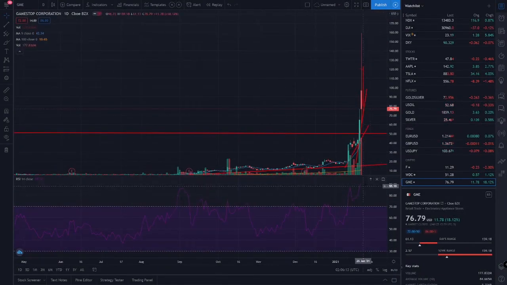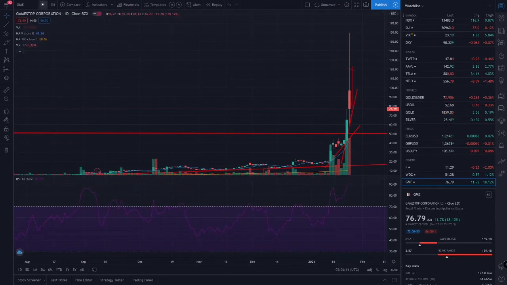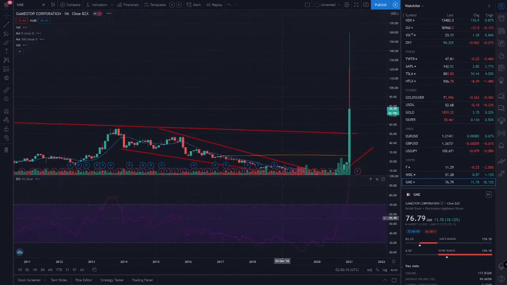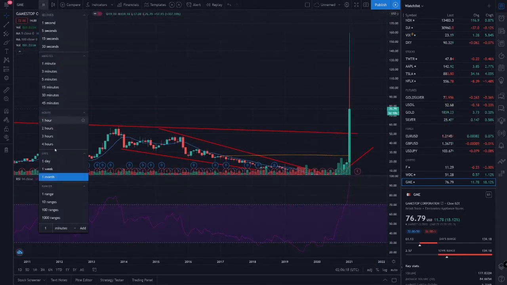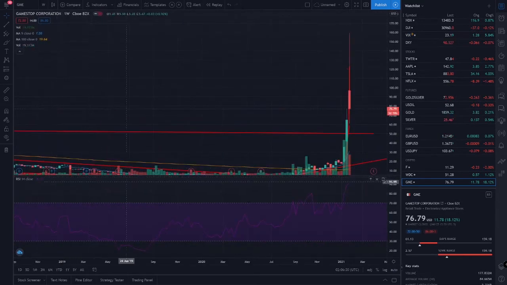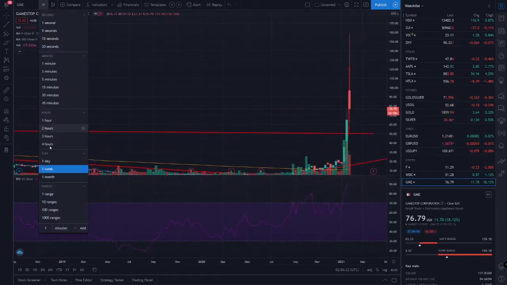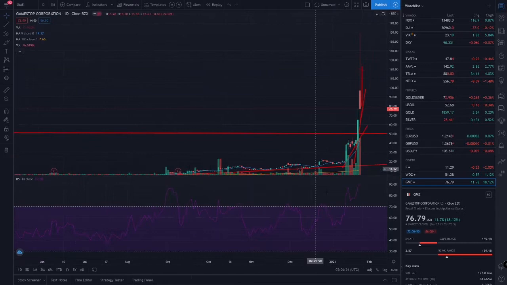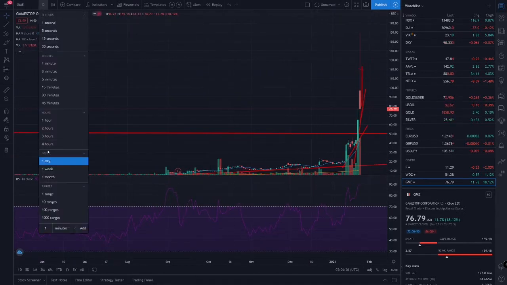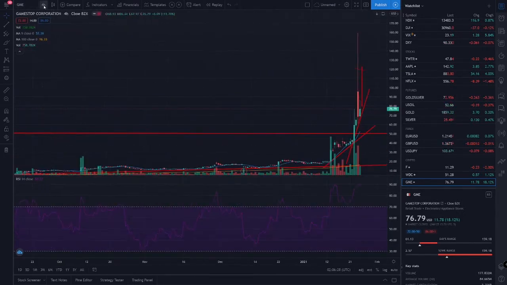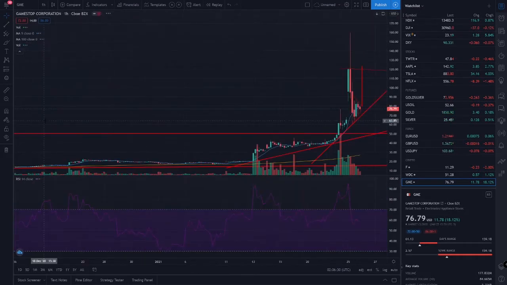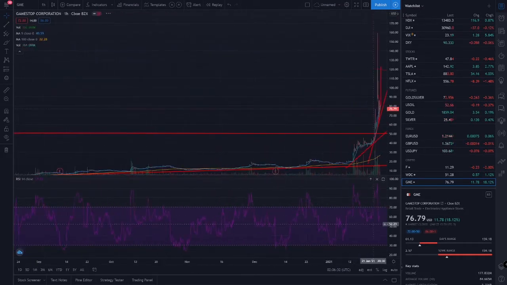On the daily, it's still going up though. It's still pointing up. Let me see if there's one that's pointing down at all, or this one's starting to cool off a little bit.